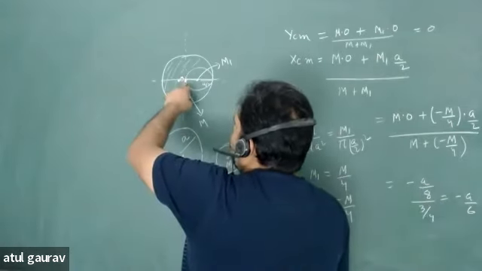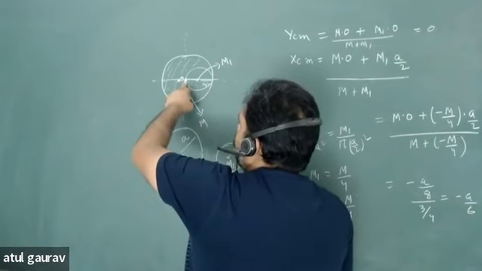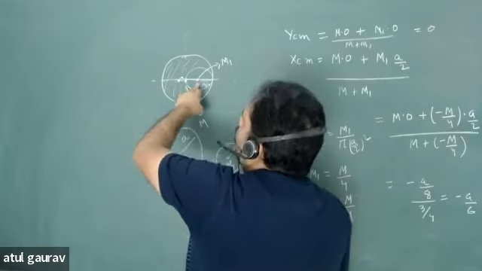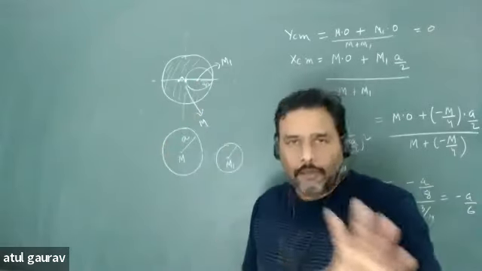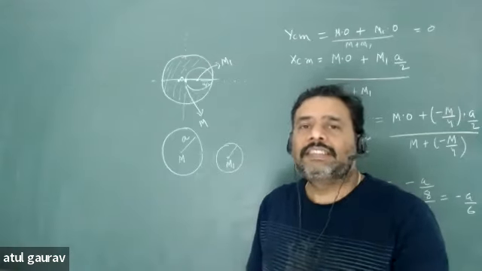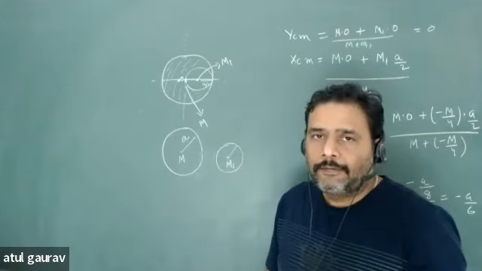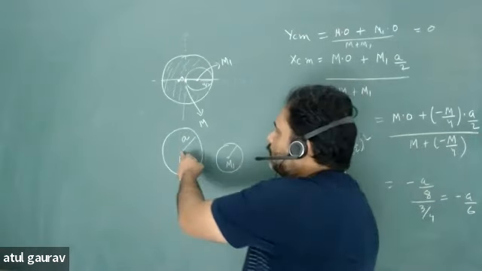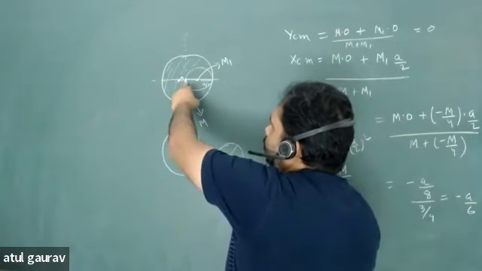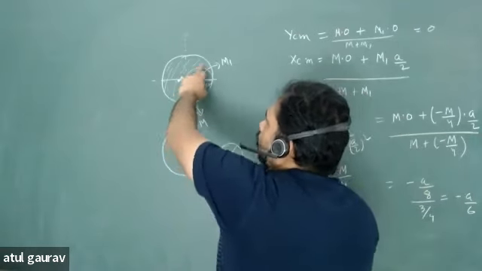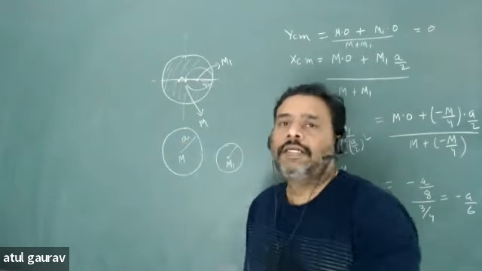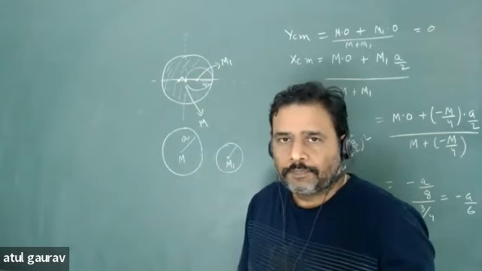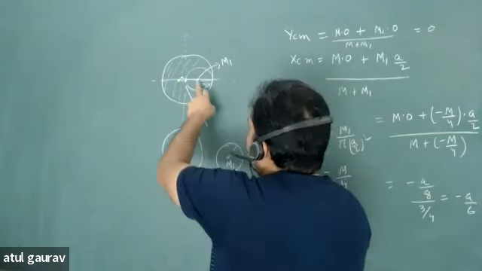Yes, there is the origin. And for the removed part's center of mass, don't say origin, say it like this: for the original disk, the center of mass is the center of the disk. Are you agreed? Yes, sir. So this is the center of the disk. Yes, sir. For the removed disk, the center of mass is at the center of the removed disk. Yes, sir. So this is the center of the removed disk.